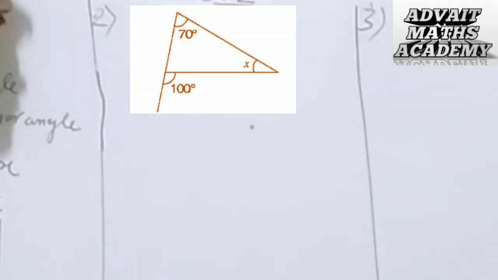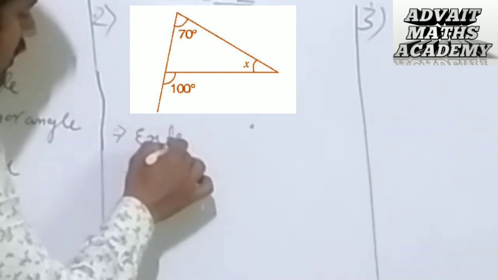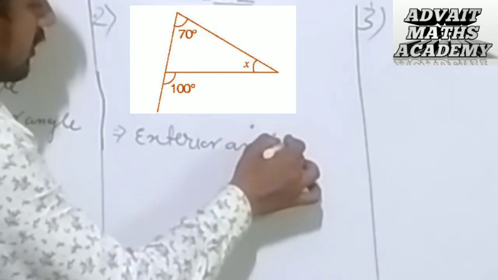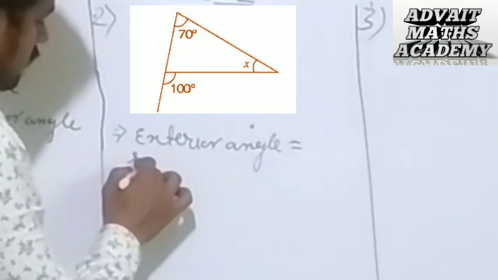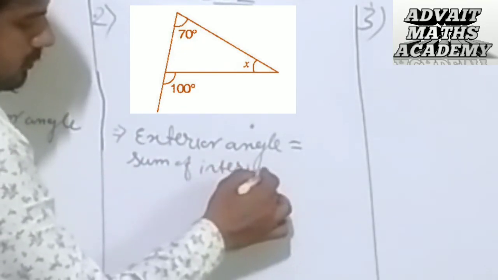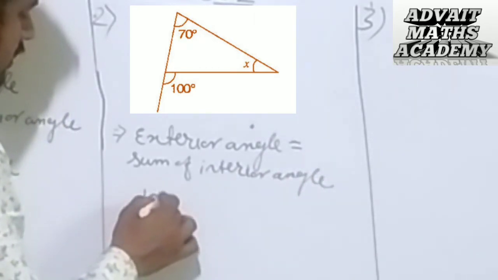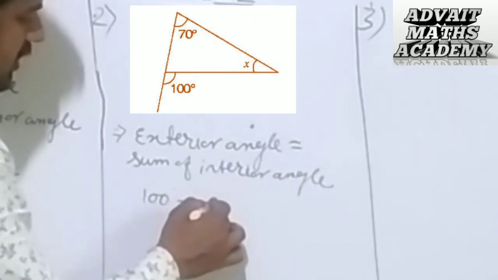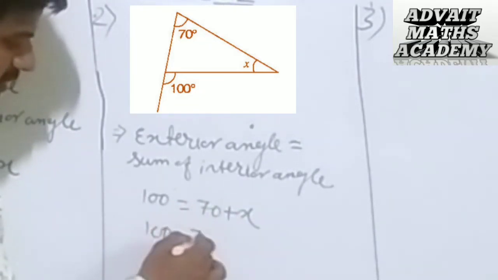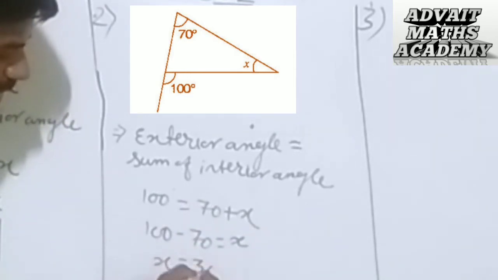Then see the next one. Exterior angle is equal to the sum of interior angles. That means 100 degree is equal to 70 degree plus x. Then 100 minus 70 is equal to x. Then x is equal to 30 degree.